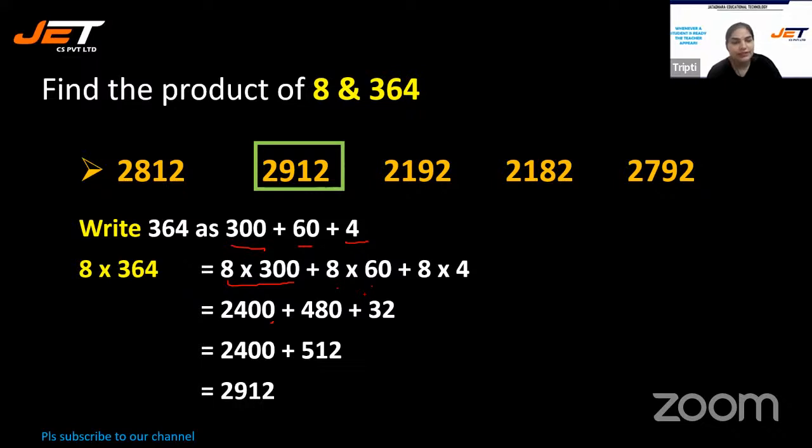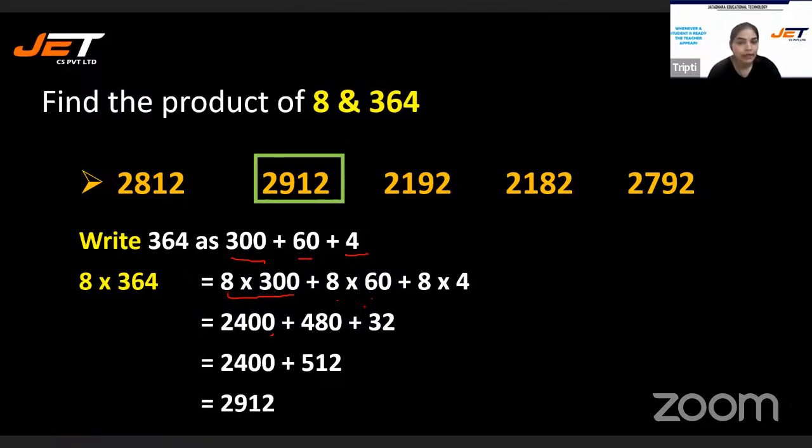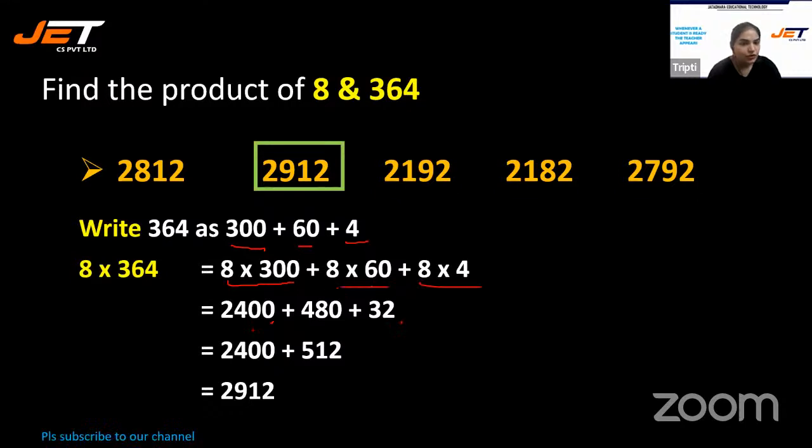Then 8 times 4 is 32. So 2400 plus 480 plus 32: 2400 as it is, 480 plus 32 is 512. So when you add both of them, it's 2912.